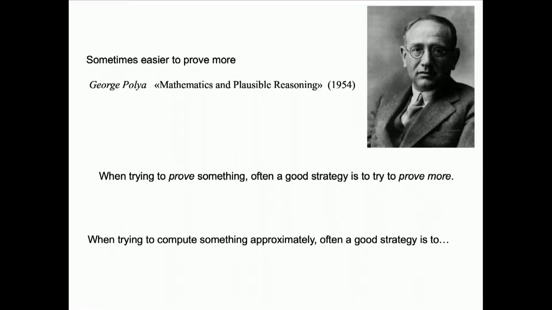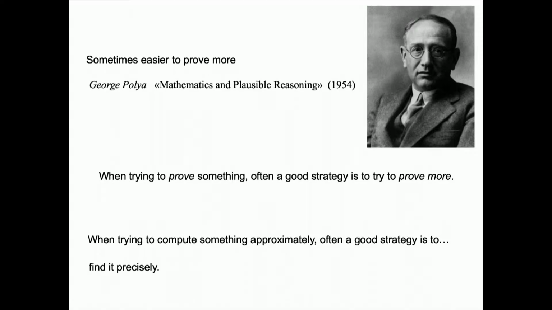In the case of numerical computation, for example of the joint spectral radius, we reformulated this especially for numerical mathematics. When trying to compute something approximately, often a good strategy is to find it precisely. If we cannot find it approximately, let's try to find it precisely.